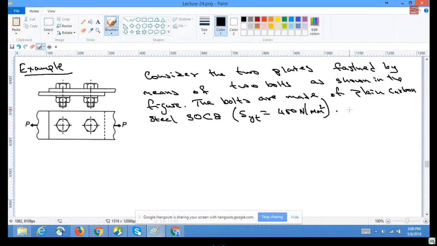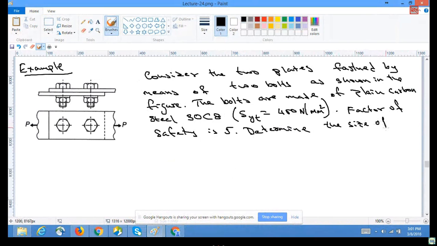Consider the factor of safety is 5, and we need to determine the size of the bolts if capital P is 5 kilonewtons.